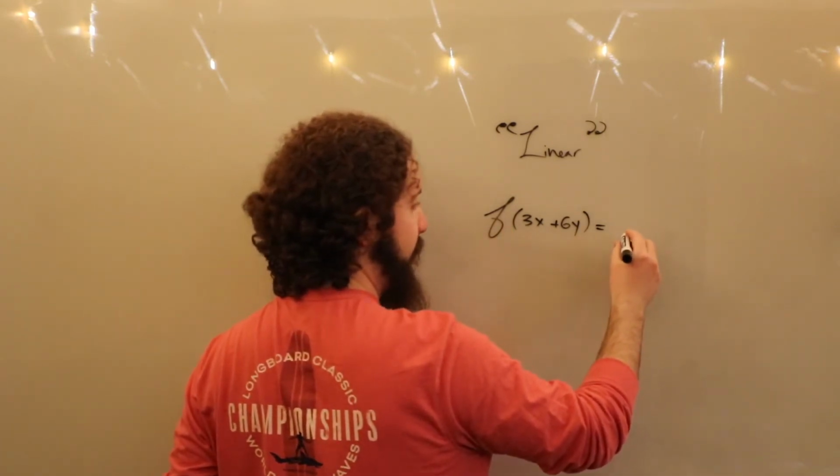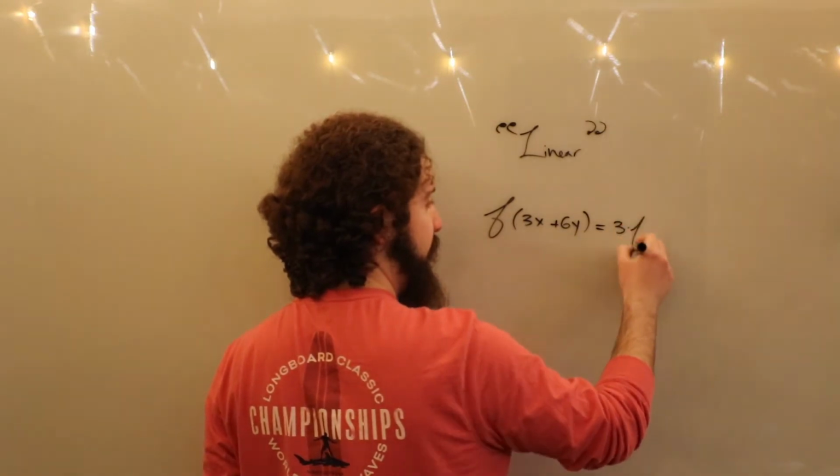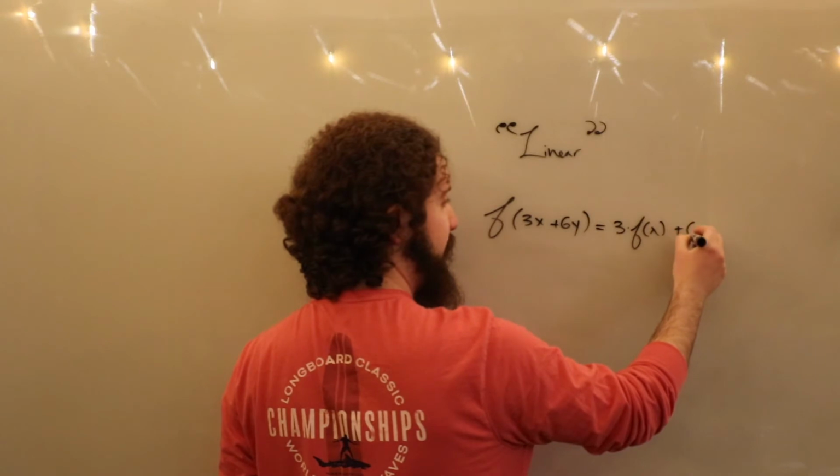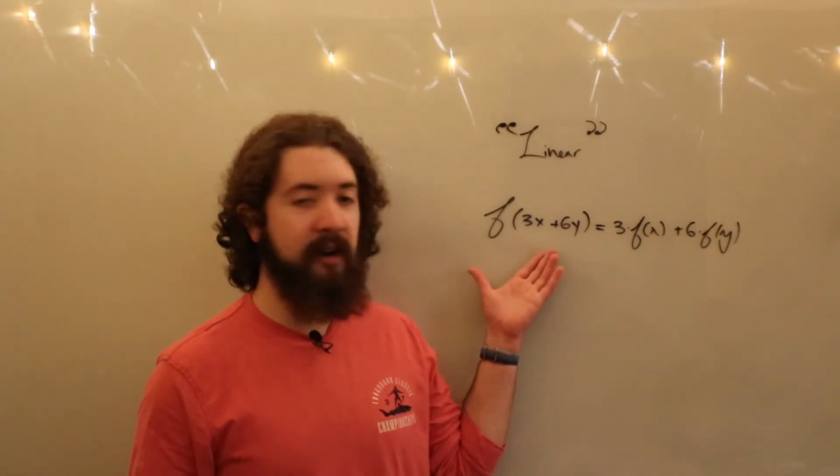You can always say that this is equal to 3 times f of x plus 6 times f of y. This is the very definition of linearity.